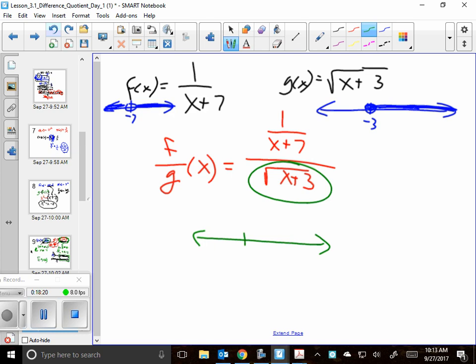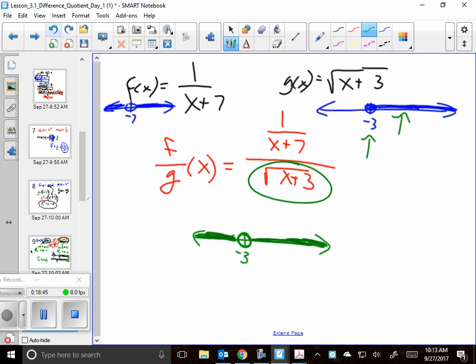We can't let x be what? -3. We already have this dealt with, that it needs to be bigger than -3 also, but now it can't be -3. It used to be able to be -3, but now it can't because it's on the bottom of a function. So the third number line is just about what makes g be 0.